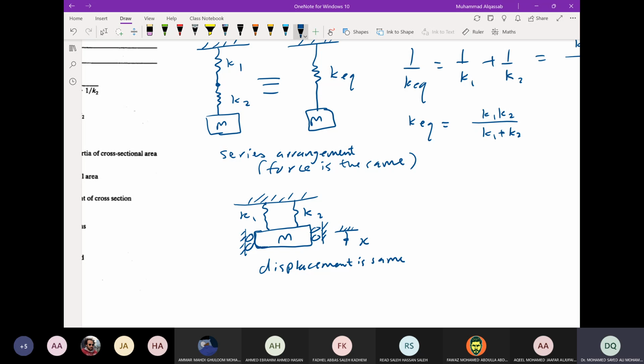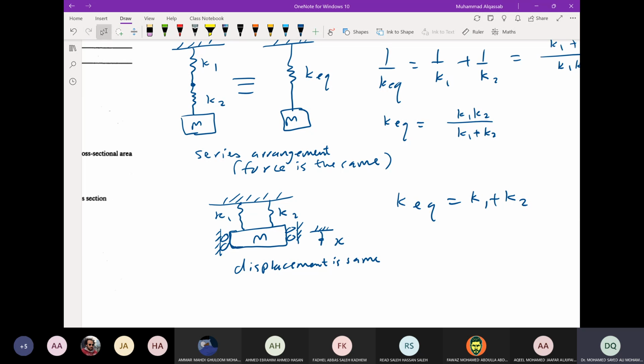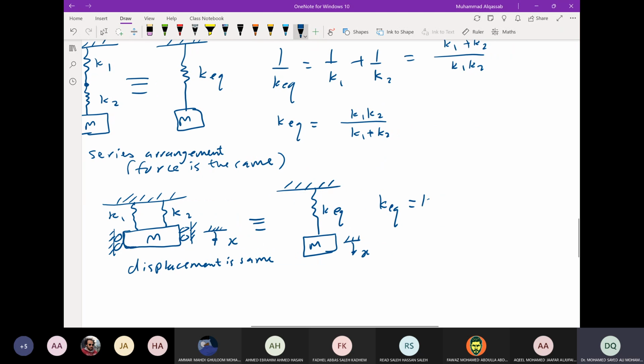In this case, K equivalent is simply equal to the addition K1 plus K2. And the equivalent system will be one spring with mass moving with X, where K equivalent equals K1 plus K2.